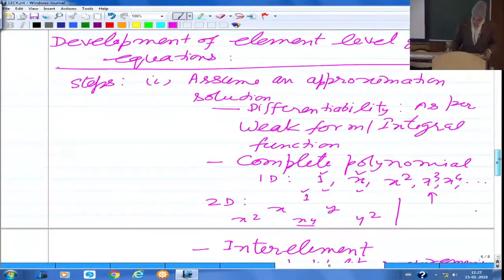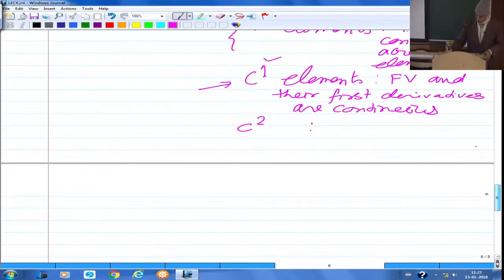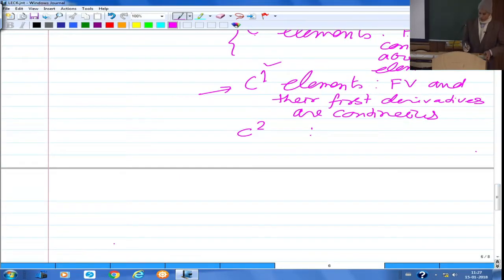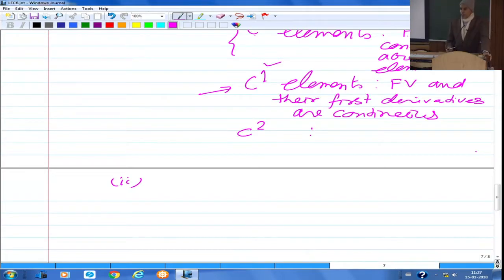So once we assume an approximate solution, the second step is this. Earlier, in the approximate analytical solutions, we eliminated some of the constants by satisfying the essential boundary conditions if we were using the weak form. Now, because this element might lie somewhere within the domain, it is in general not going to be on the boundaries of the domain.